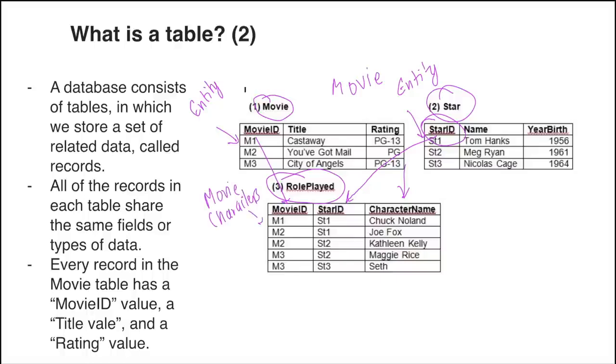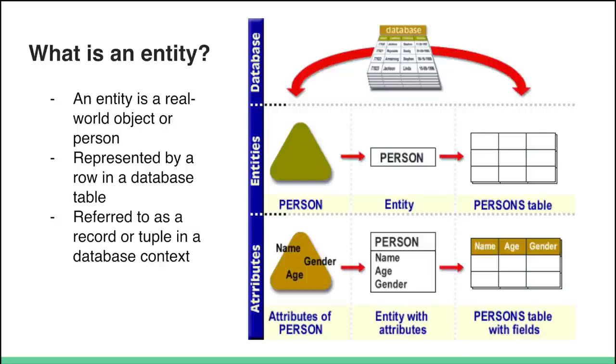The point is, when we're talking about an entity, we're talking about what is represented by a table. So right here, if we're representing a person, then any row in this person's table is a person entity. Those entities have attributes which are represented in the table.